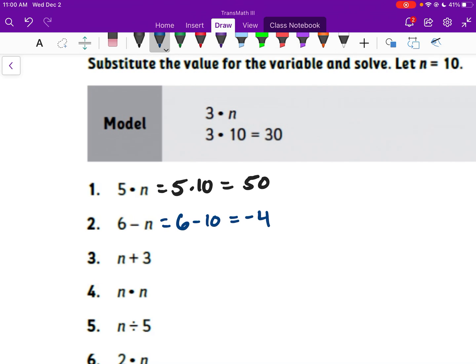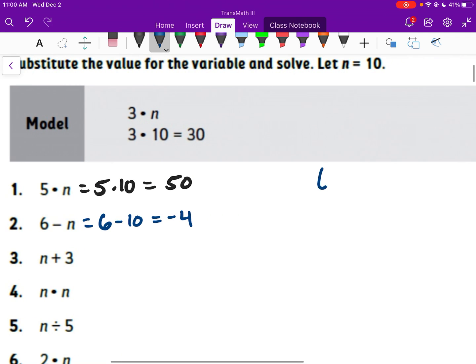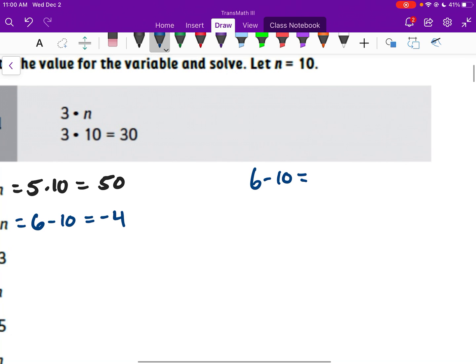So again, an easier way to think about this, if we got 6 minus 10, okay, rewriting it as an addition problem, we're going to add the opposite. So 6 plus negative 10, and if we use our algebra tiles, that's saying 6 positives, 10 negatives.